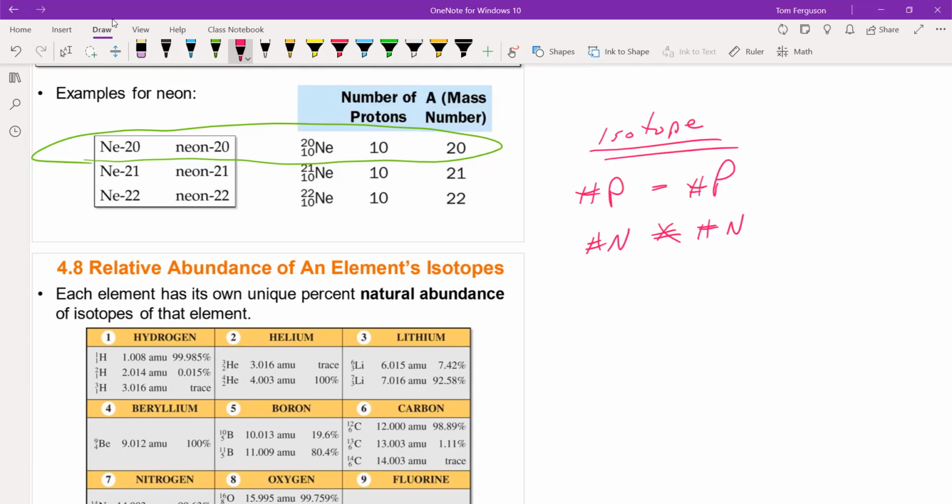So an isotope is, again, protons are the same, neutrons are different. The chemistry is almost identical. It's rarely you see a difference between the two isotopes, chemical-wise.